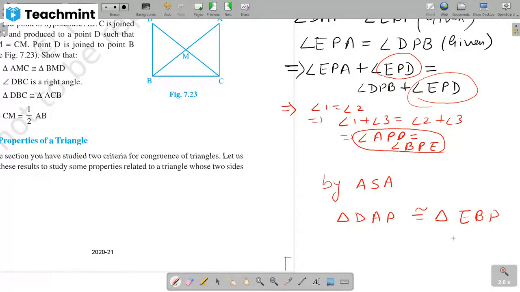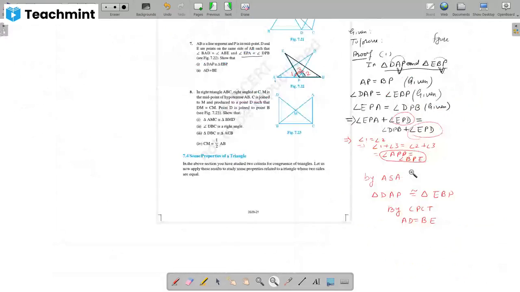And by CPCT we can write the second part, AD is equal to BE. Clear? You can take a screenshot of it. Taken? Good.